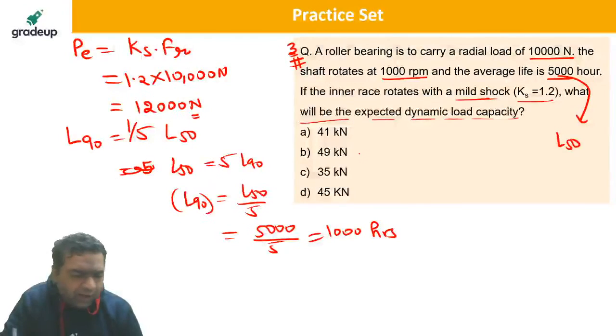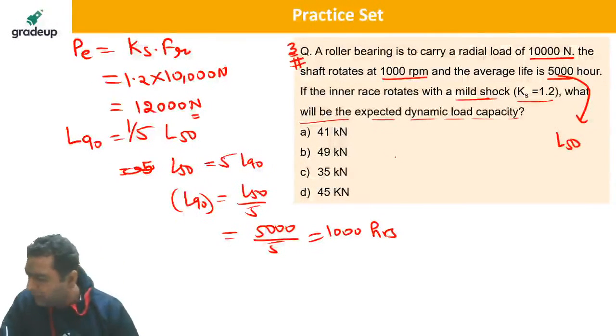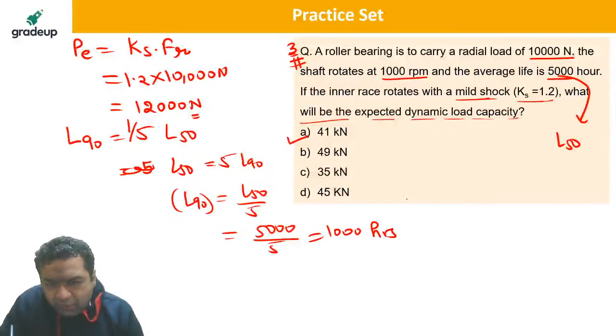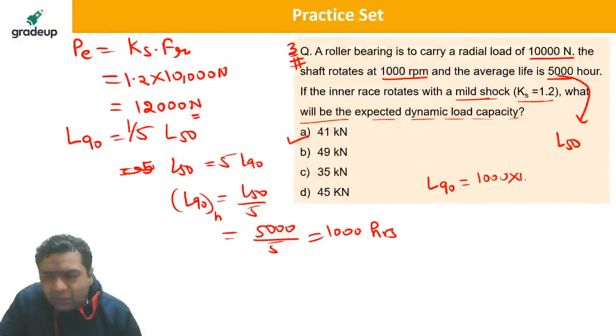If you want to find it in million revolutions, your answer is very much correct. Very good, A is correct. When you find the million revolutions, the life is in hours, so 1000 into 1000 RPM into 60 minutes divided by 10 power 6.